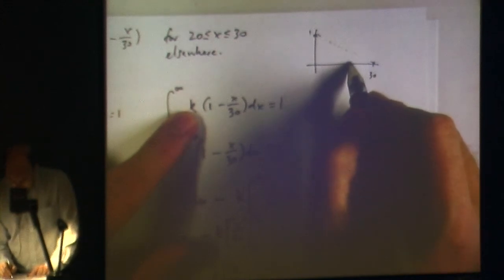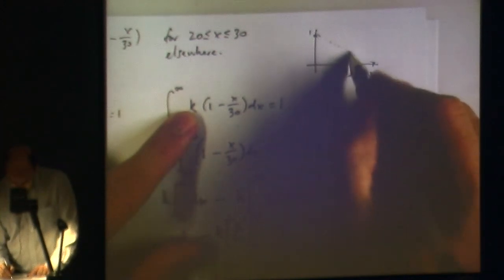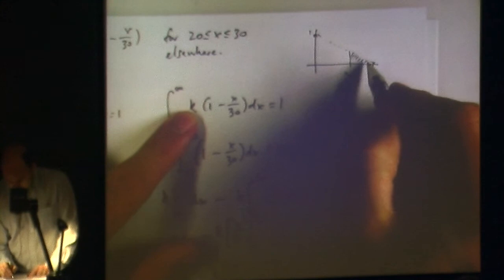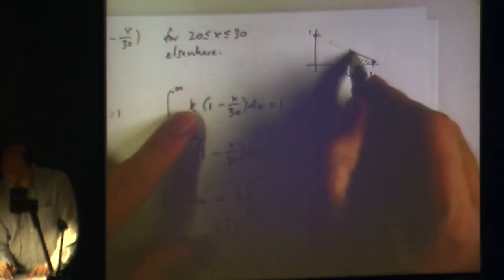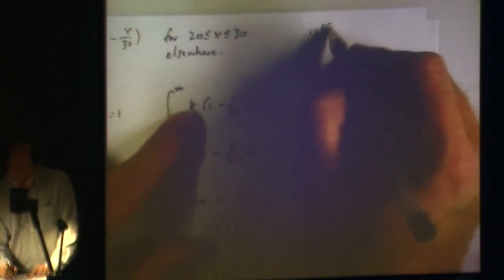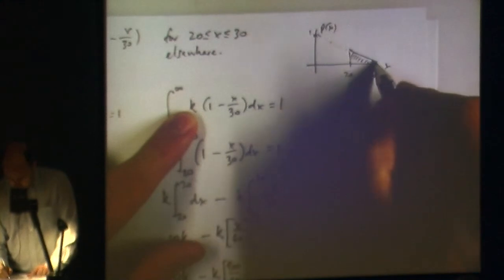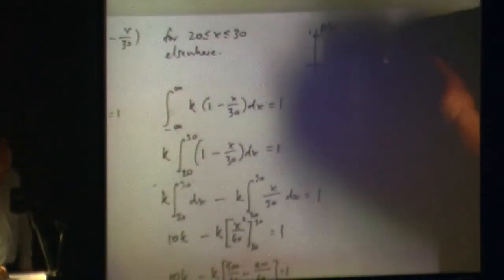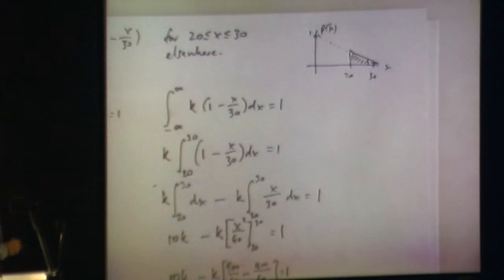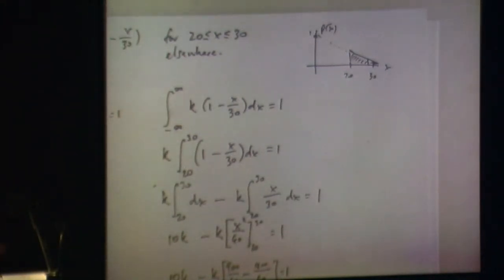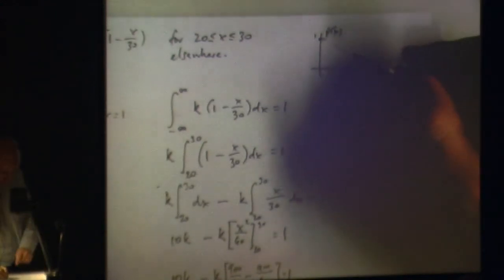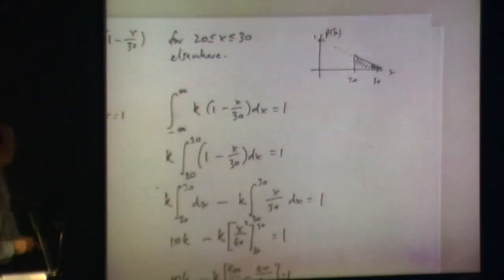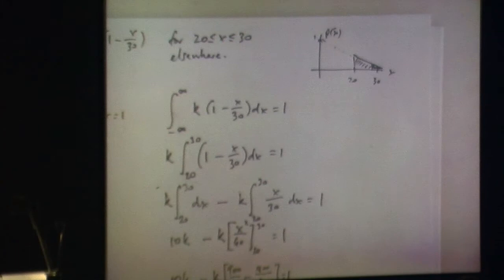Obviously we're looking between 20 and 30, so that's the area under the curve. There's my function, that's my PDF, p of x, and this is x. If I'm looking at 28, we're looking at the tail end of that distribution, any values greater than 28. So there's not going to be very much in that area at the bottom.